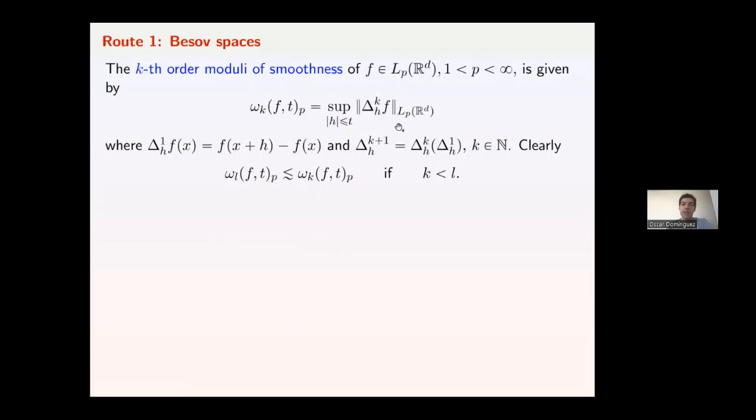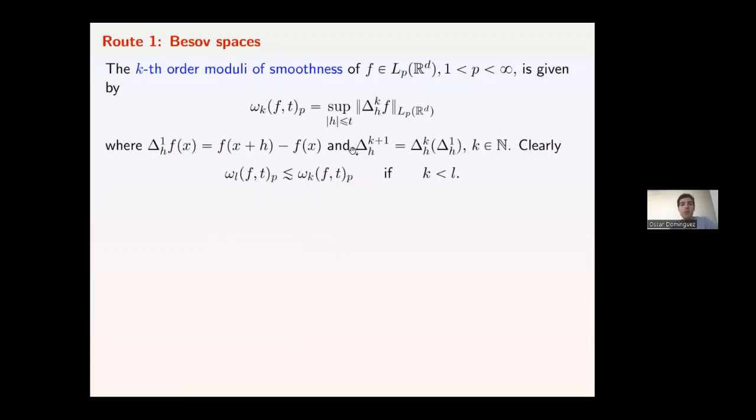I mean, we consider the L^p norms of the iterated difference of order k with step h, and we take the supremum over all possible steps with length less than or equal to t. So this is a very useful tool in approximation theory. And as usual, the first difference is given in a standard way.